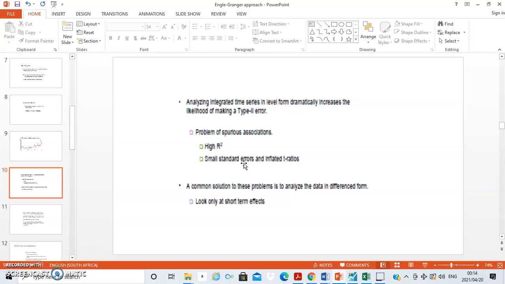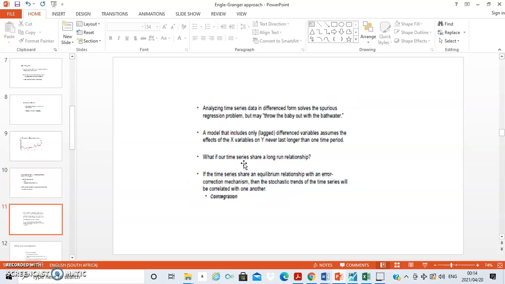Dealing with this problem requires us to difference the variables so they become stationary. All these things will become much clearer as we do the practical video.